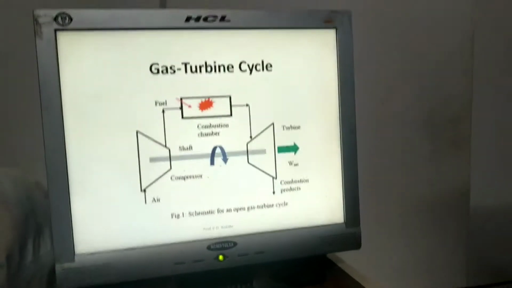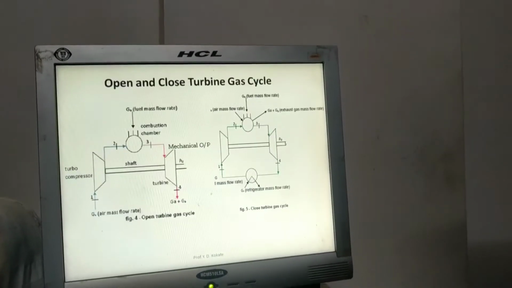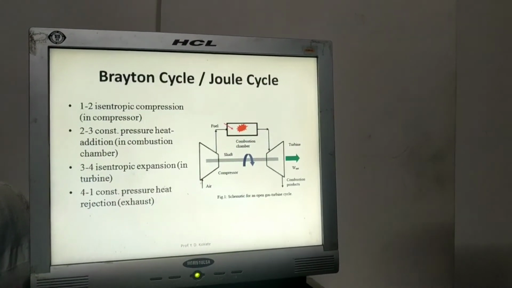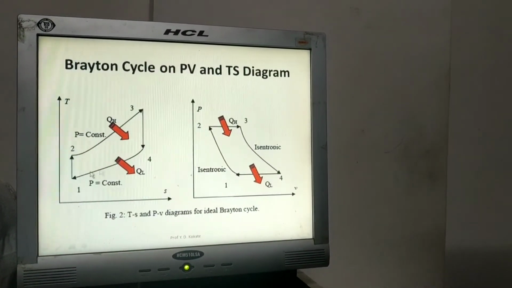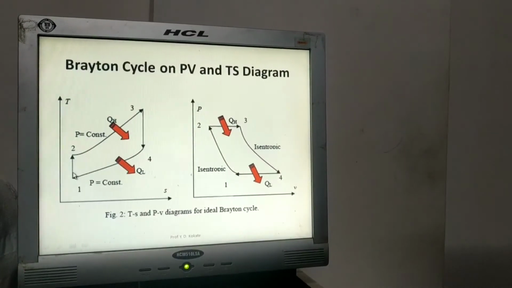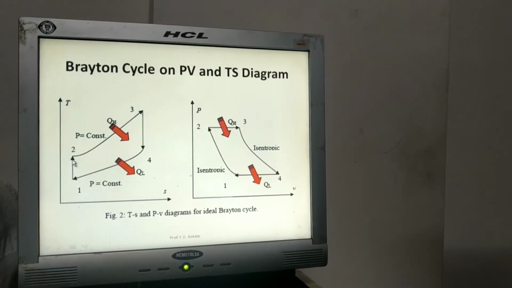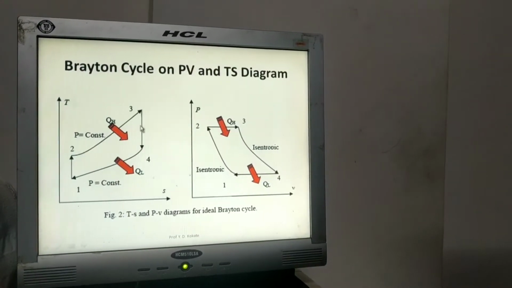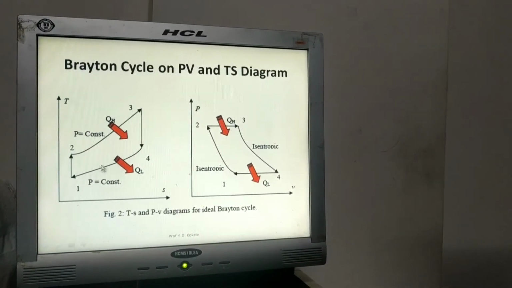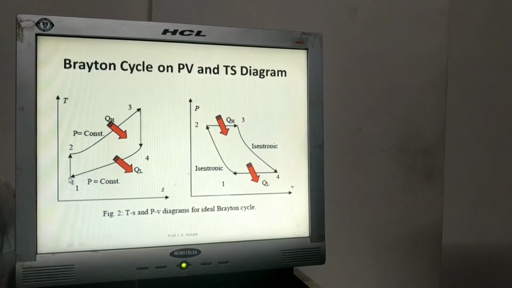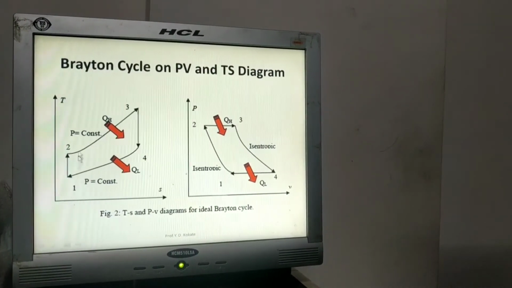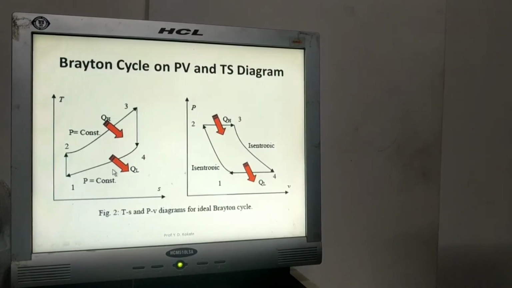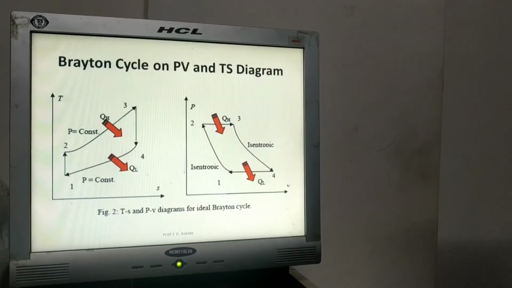In the last session, we saw the different processes present in a gas turbine cycle, that is isentropic compression, constant pressure heat addition, isentropic expansion, and constant pressure heat rejection. Now on this Brayton cycle basis, we do the analysis of the gas turbine cycle.